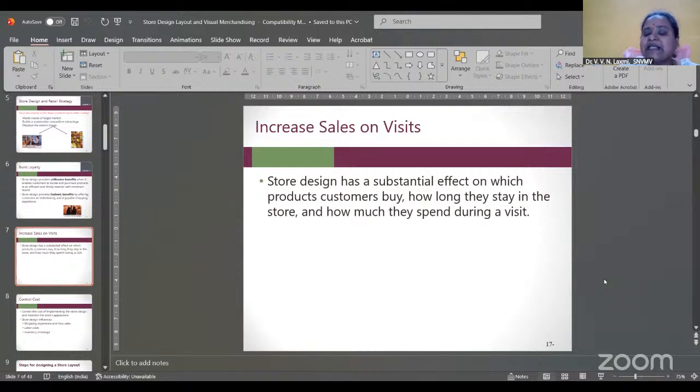Store design should motivate the customers to increase sales, that is, to buy more. Store design should directly or indirectly increase the impulse purchases of the customers.